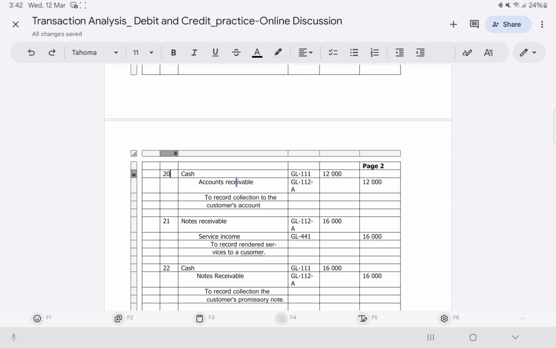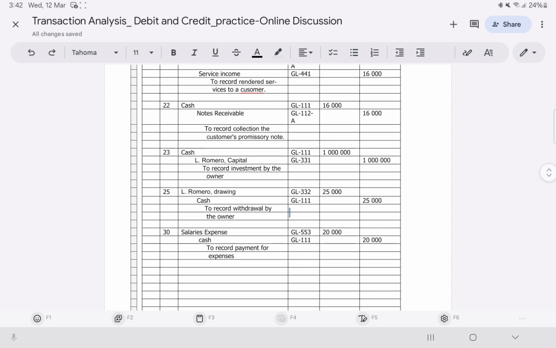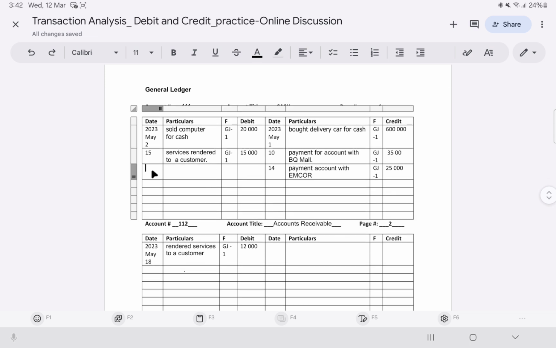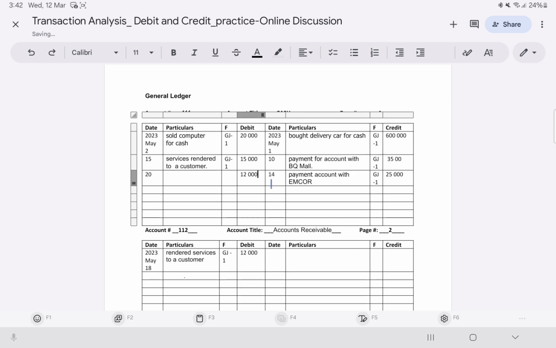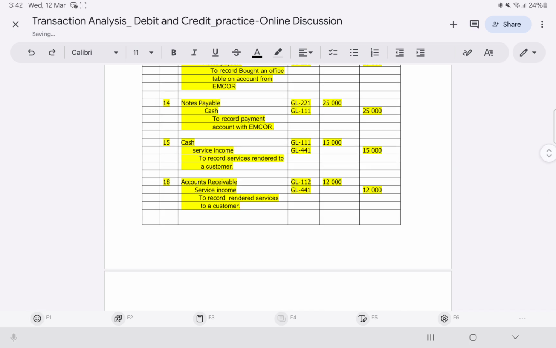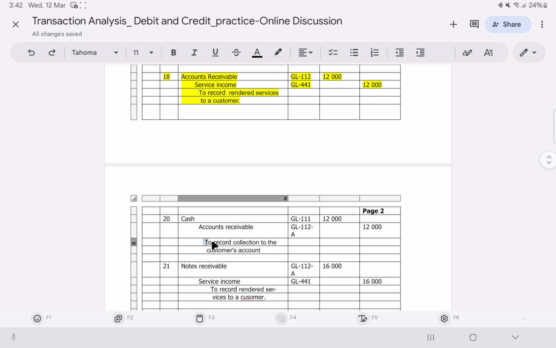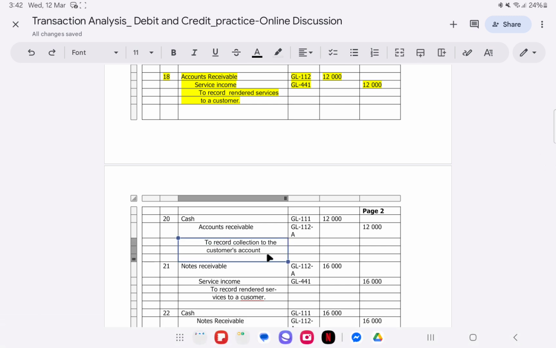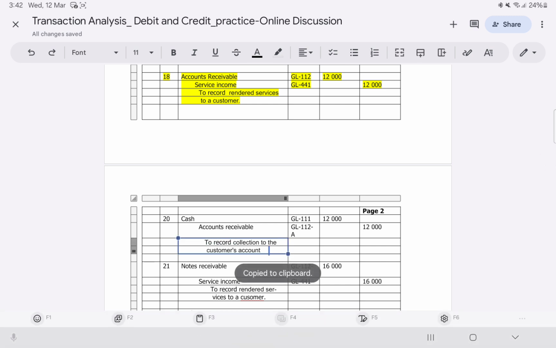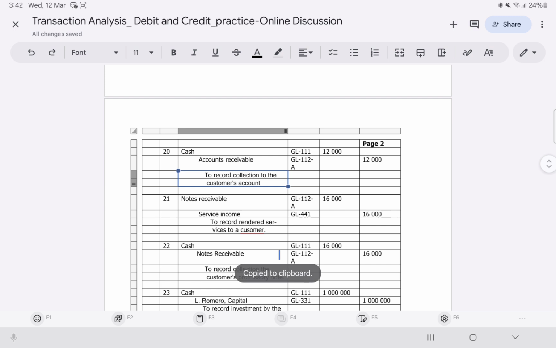So May 20, cash 12,000. So what's the explanation? To record collection to the customer's account.